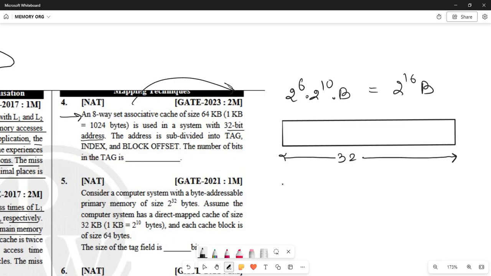Number of tag bits? It is 8-way set associative, right? And the block offset is the size of line. What is the size of line? It is in an 8-way set associative cache.